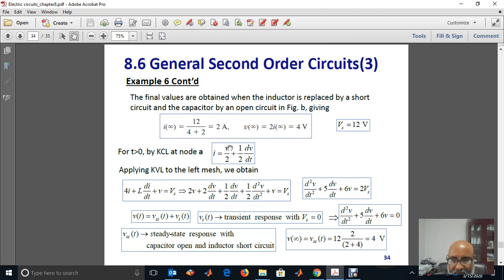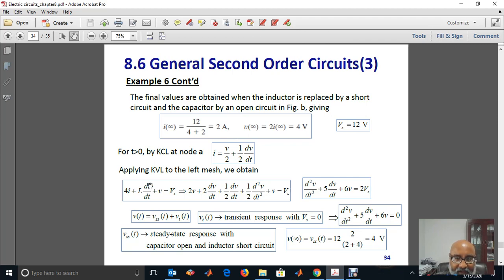Okay, now by using KCL, the current through the inductor I is the current through the 2 ohm resistor, V over 2, plus the current through the capacitor, C dV by dt.